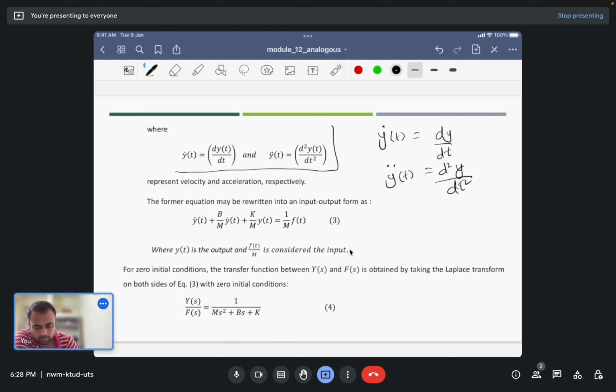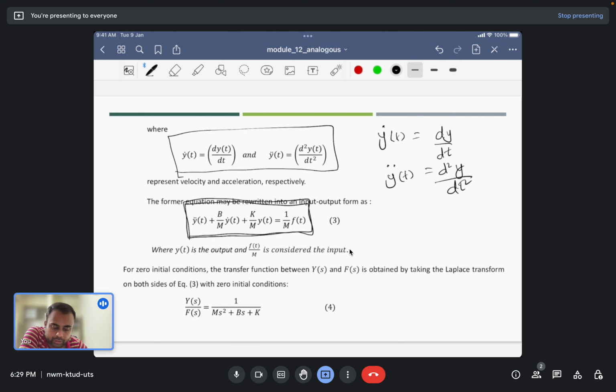So substituting these two symbols in our equation, the equation can be written in this form. Here y of t is the displacement output, and f of t by m is the input force that we have applied to the system.